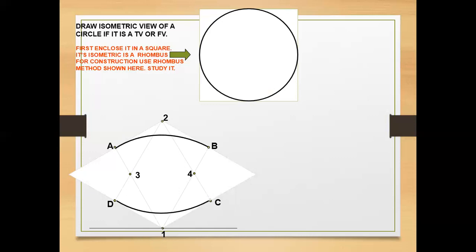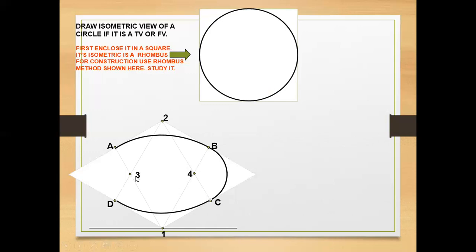From point 1, you have to measure A or B and draw a long arc. From point 2, measure B or C and draw a bigger arc like this. And from point 4, measure B or C and draw an arc.